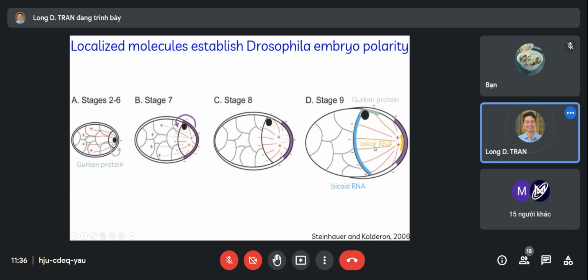We have anterior marked by bicoid, posterior marked by oskar RNA, and dorsal marked by the Gurken protein. And when the anterior-posterior axis and the dorsal-ventral axis are established, we also have the left and right axis established in the Drosophila embryo.